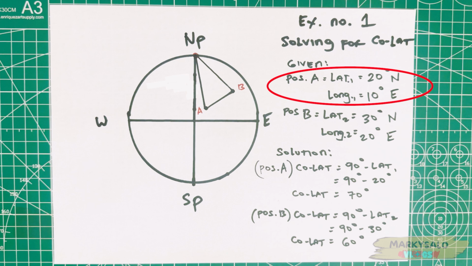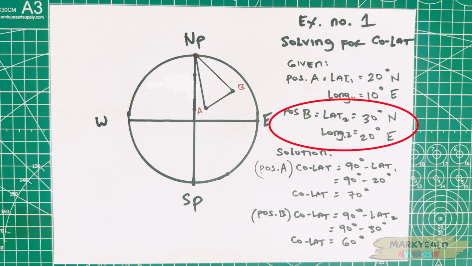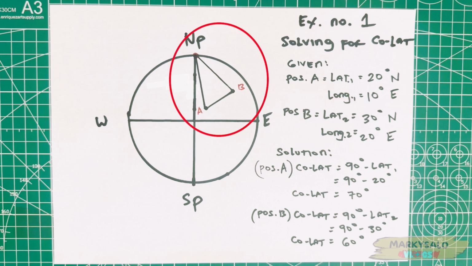For our position B, or our final position, the coordinates are latitude 30 degrees north, longitude 20 degrees east. And from our minimap, I have plotted it in the first quadrant since our latitude and longitude have north and east direction.